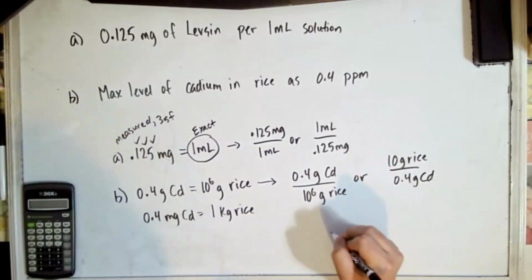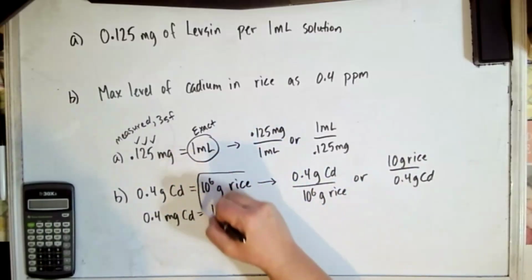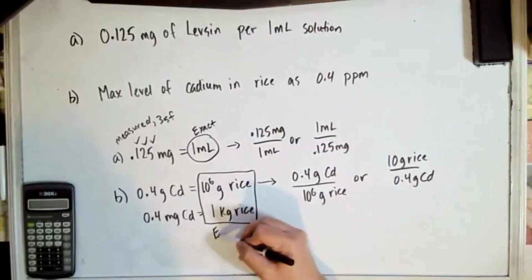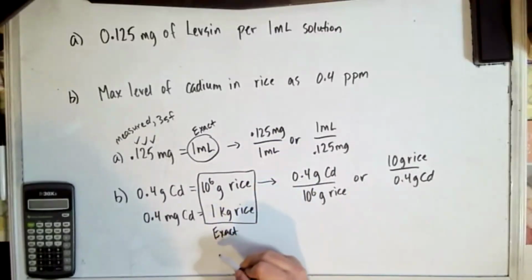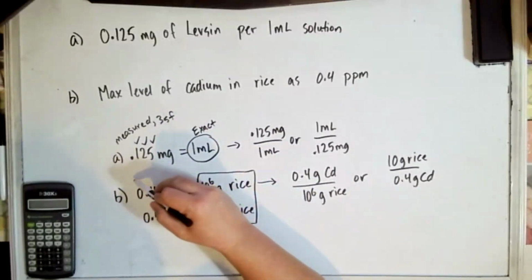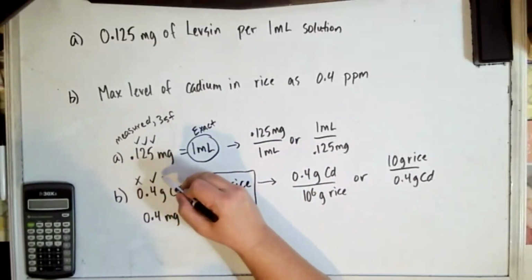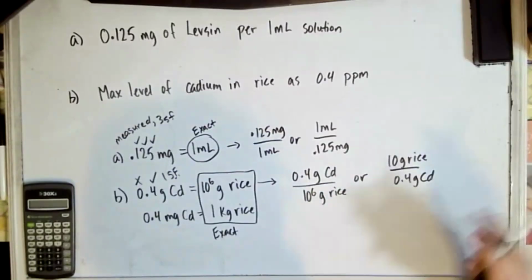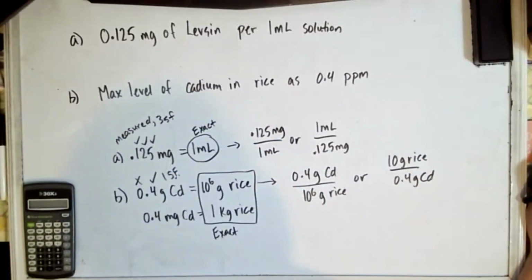In this conversion factor, our 10 to the 6 and our 1 kilogram, both of these are exact values. Our 0.4 is our measured value, and there's only one significant figure in that value.